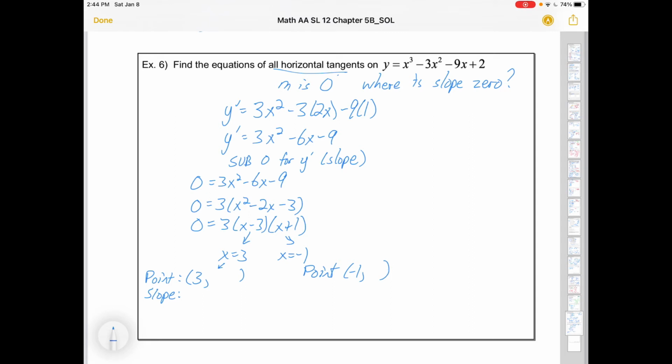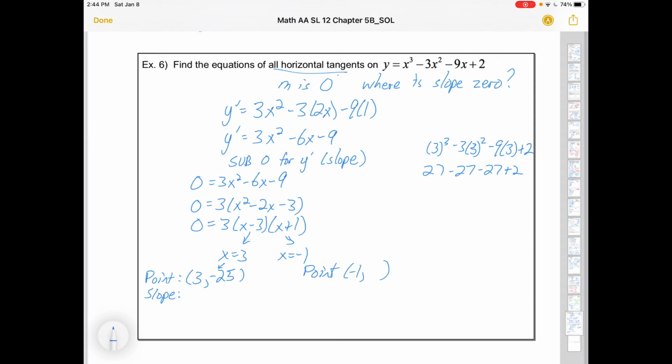Now, when I put 3 into this function, I'm just going to do a little scrap work off to the side. 3 cubed minus 3 times 3 squared minus 9 times 3 plus 2 is going to be 27 minus 27 minus 27 plus 2. Okay, so the y value is at negative 25.